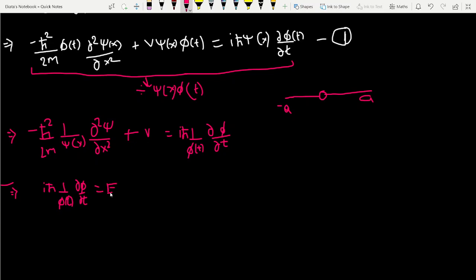Now we shift this term from the right hand side, and also all constants to the right hand side, and we are left with only d psi, because now we are dealing with only one function here. That is why I replaced the partial derivative with the normal derivative. This is equal to 1 upon iota, that is minus iota, remember, E upon h cut, times phi, which is dependent upon t.